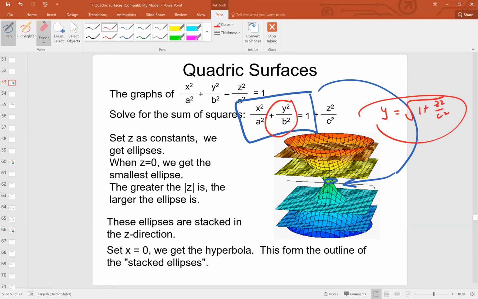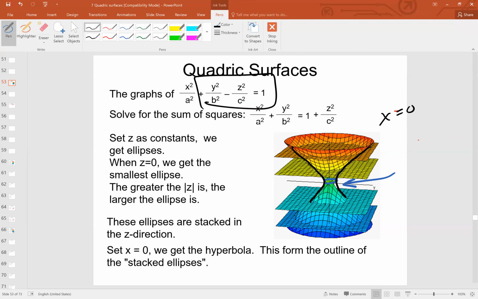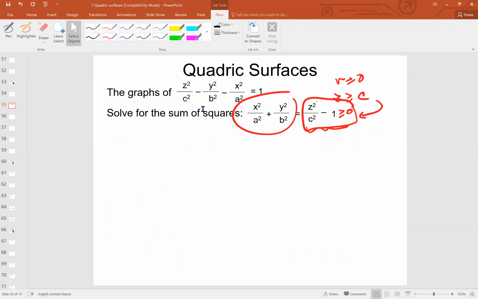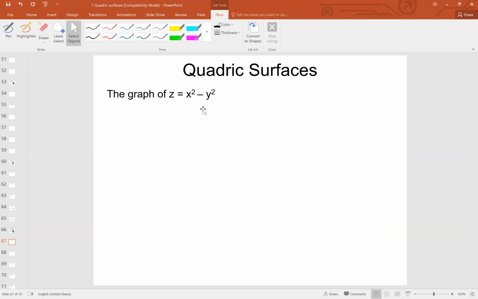Basically, in this case, you get a hyperbola for the outline. If you set one of the constants to 0, you get this hyperbola. That's what I'm trying to say. So you can tell the outline by setting the coordinate plane to be 0 to see which way you're looking at. Then finally, we have the saddle points.